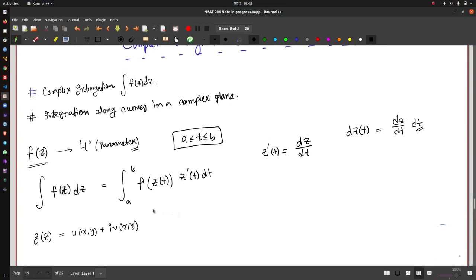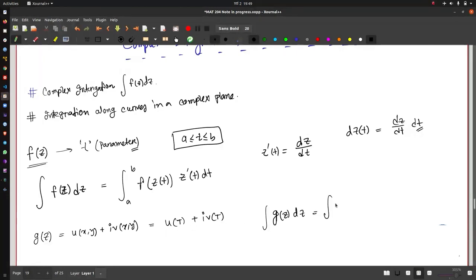Now all these x and y's, you can parameterize them with some parameter capital T. As a result you can parameterize u and v in terms of capital T, which is another parameter. In such a case you can do this integration just by doing the integrals over here.